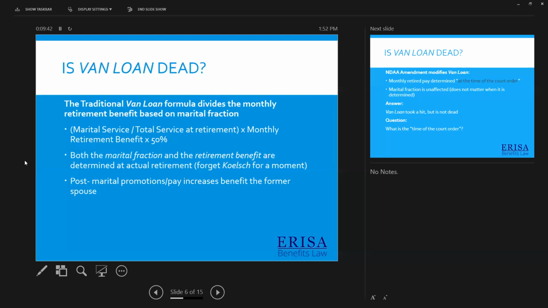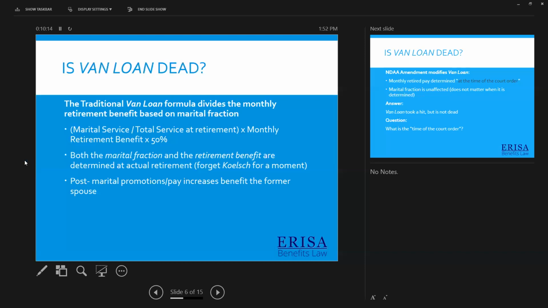And so one of the implications of Van Loan is that any post-marital promotions or pay increases that somebody gets, to the extent that post-marital pay increases impact the amount of the retirement benefit that is received, which is true in military, but it may not always be true. But to the extent that post-marital promotions and pay increases increase the retirement benefit, then the former spouse who's getting a share of that gets a stake in those post-retirement benefit increases.